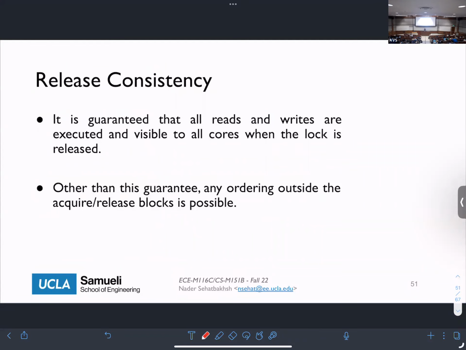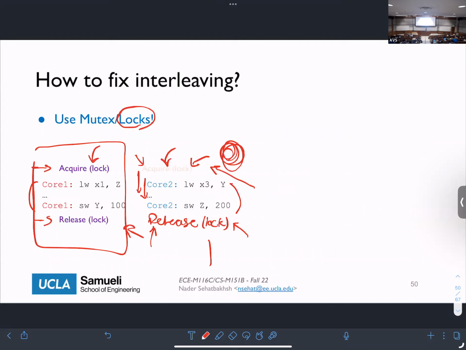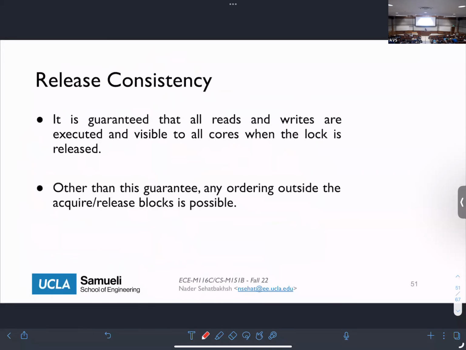And using this concept of getting and releasing, we're going to have another consistency model, which we call release consistency. Okay.